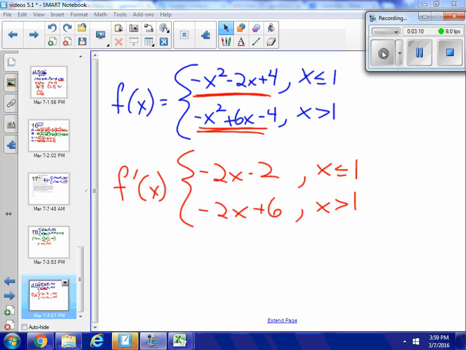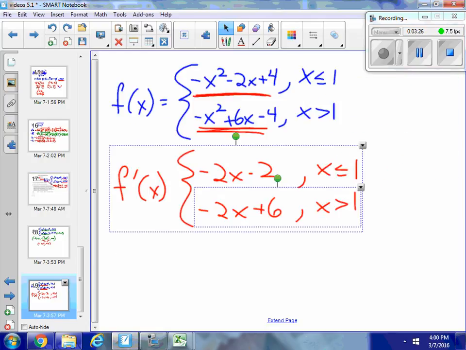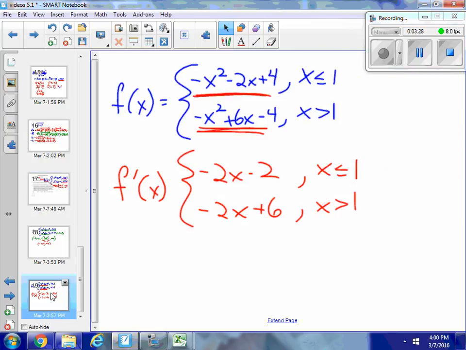That's my derivative, and I'll put it right there on my answer sheet. Now I need to find the domain of the derivative. Again, I'm going to find the domain of each piece.